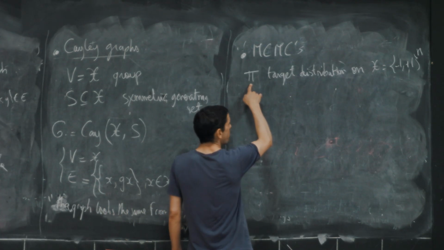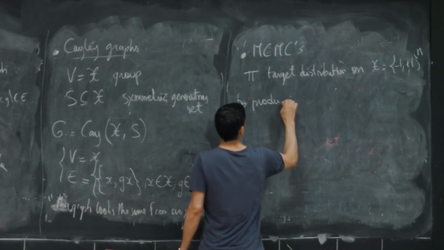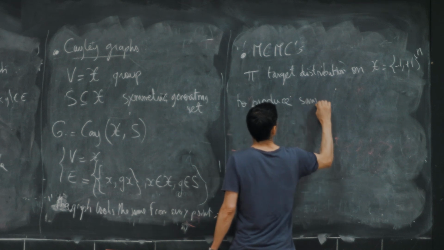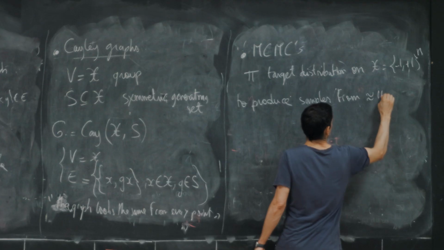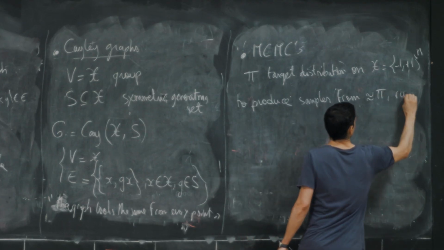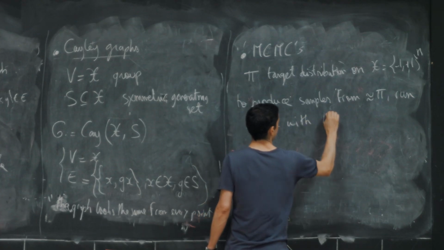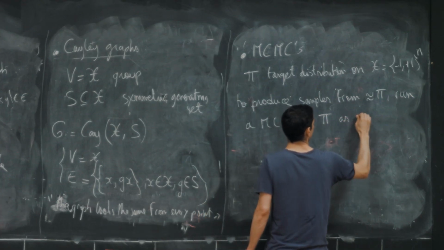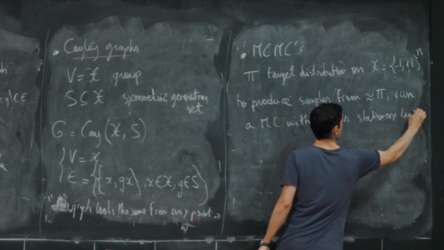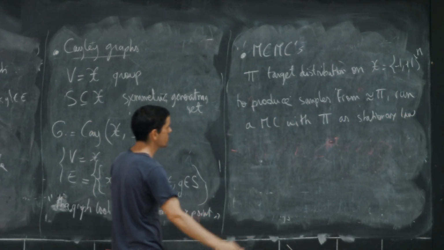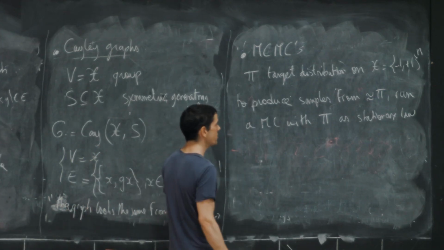And then you want to produce samples from pi, so starting from a distribution close to pi, you simply run a Markov chain with pi being stationary. You run it for sufficiently long so that your distribution is close to pi, and that's actually a way to produce samples from the complicated distribution.